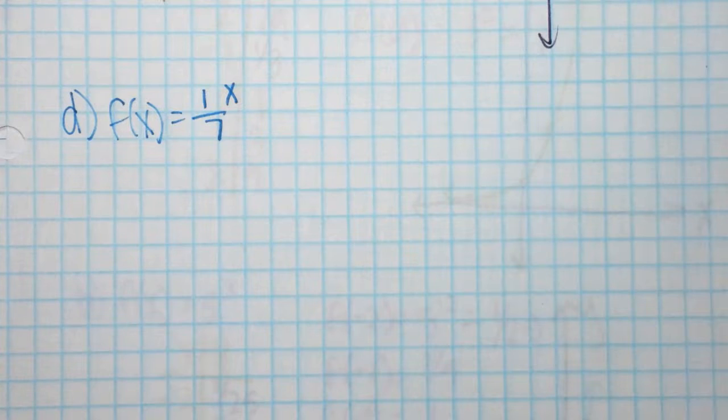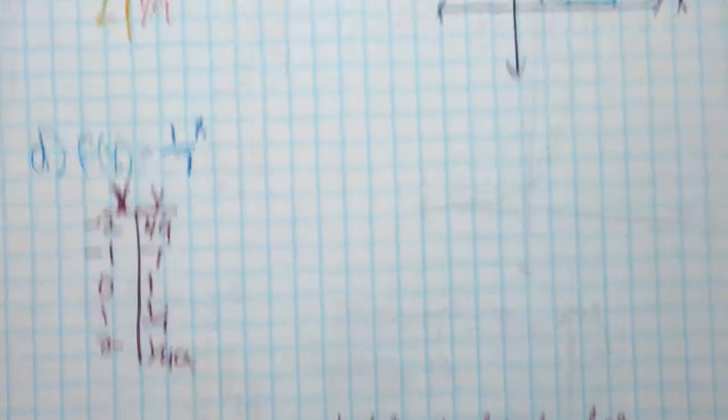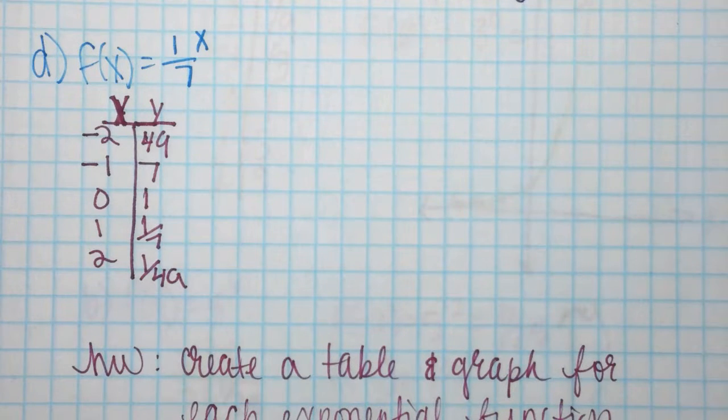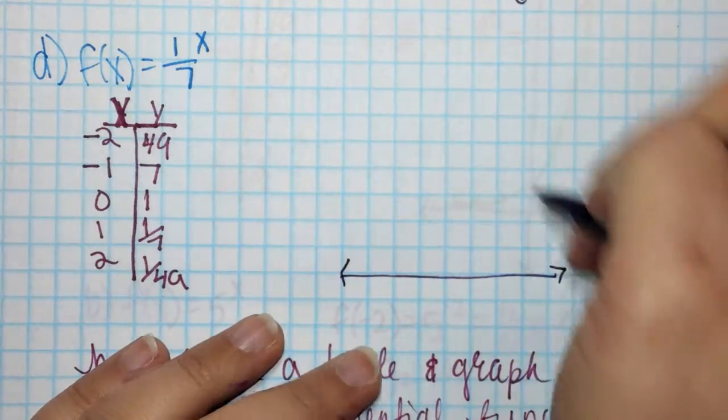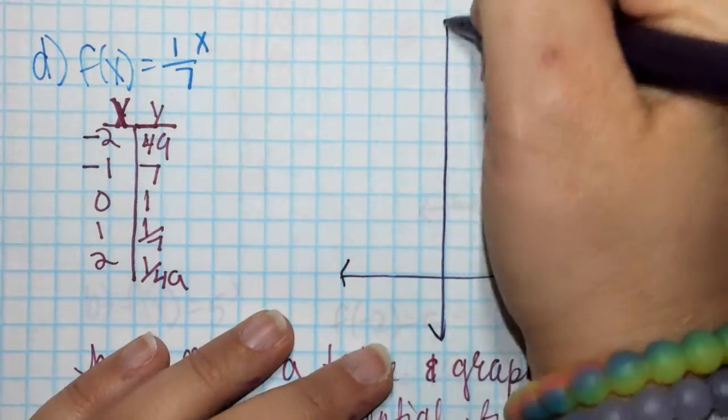So graph that one right at the table and graph that one without me. Alright, did y'all get 49, 7, 1/7, and 1/49? Yes. Fantastic. Take a point. And to graph it, do we have to graph up to 49? No. But you do have to graph the 1/49, don't you? Yeah.